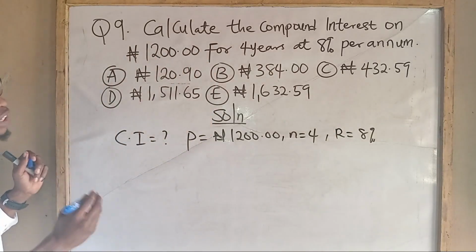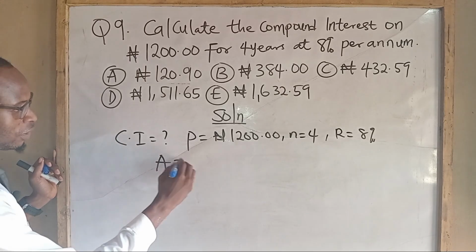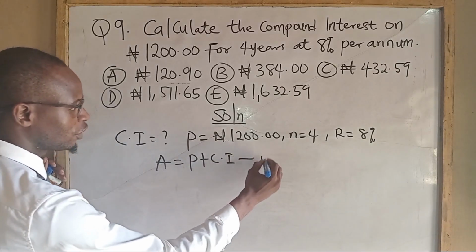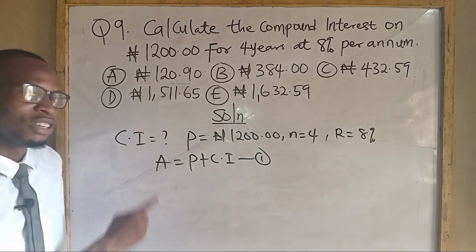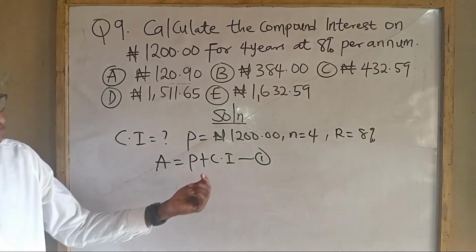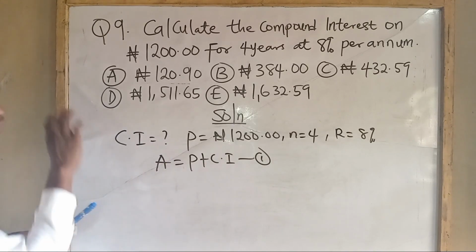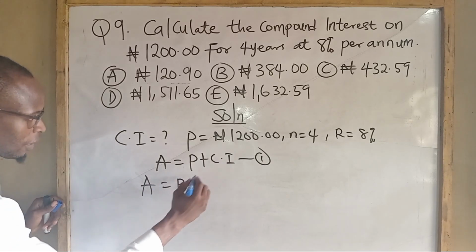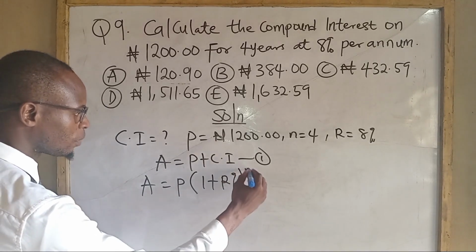Now, for us to get the compound interest, it is related to this formula. Amount is equal to principal plus the compound interest. So I can call this equation 1 because something is missing here. We don't know the amount, so we need to calculate the amount first for us to be able to get the compound interest. So how do we get the amount from compound interest questions like this? Amount is generally given as principal bracket 1 plus the rate in percentage all raised to power n.